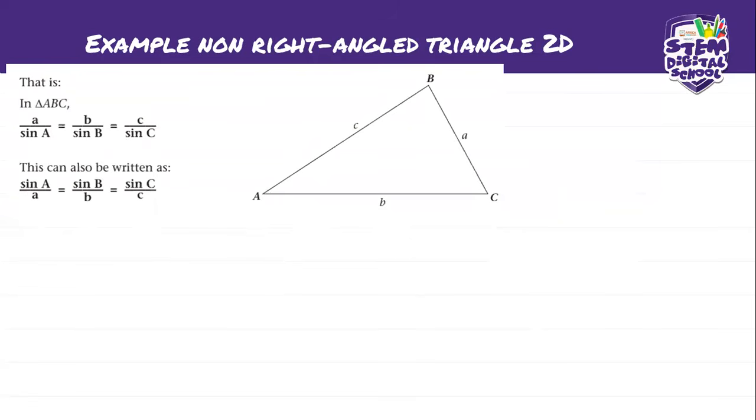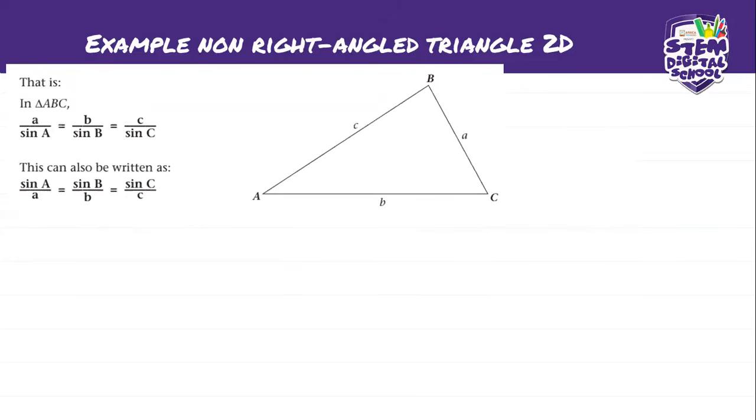In the formula sheet, they will sometimes write it in this form, or it will be written in this form. Either way, you can use the first one or the second one, it's no problem, right?